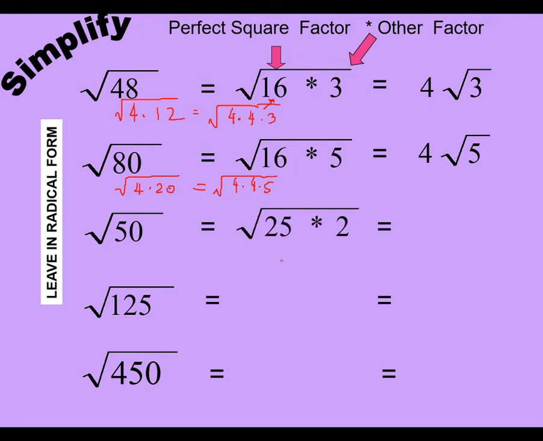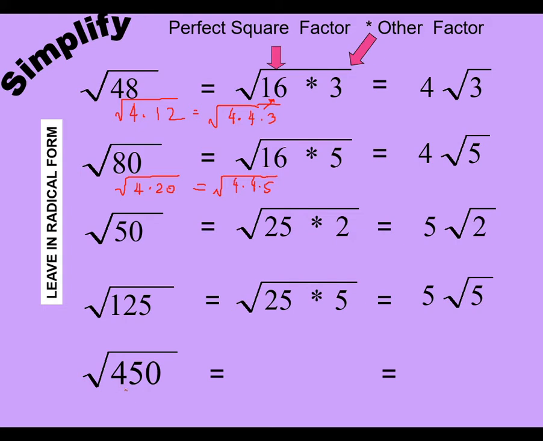Then 50 is obviously 25 times 2. So, square root of 25 is 5 square root of 2. 125, still 25. That is 25 times 5. So, 5 square root of 5.